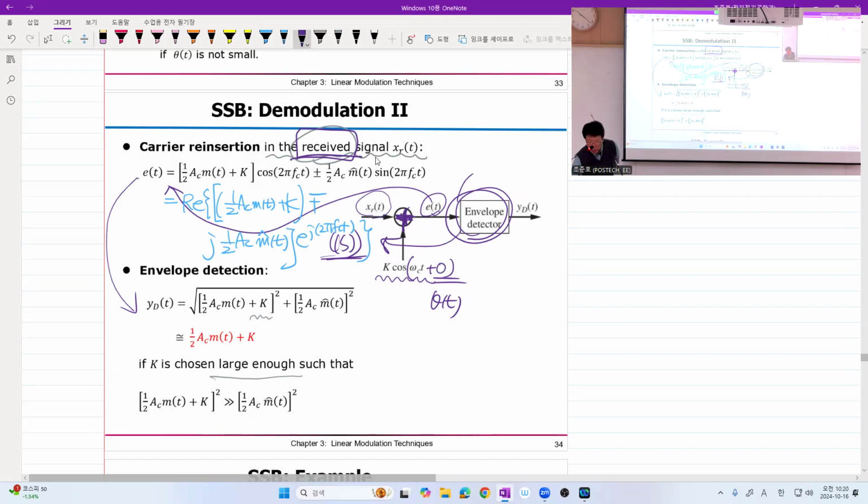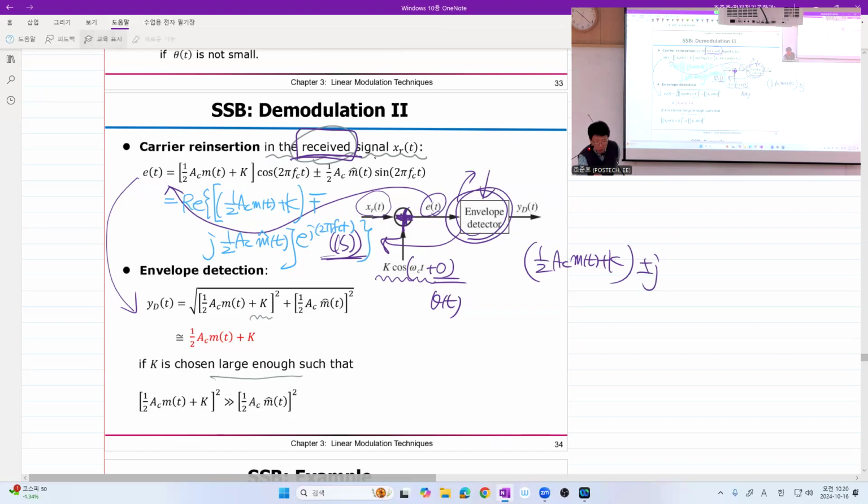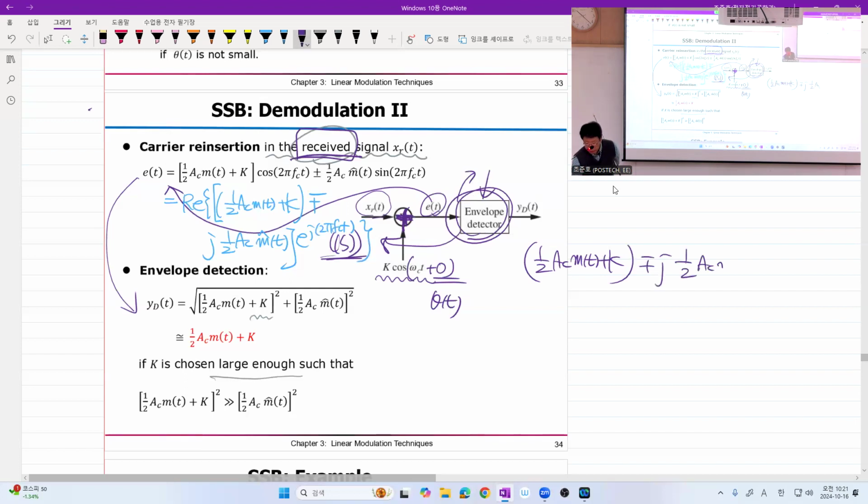So theoretically, it must first find the complex envelope, 1/2 AC m of t plus k plus j, minus plus j, one half AC m hat of t. Got it? So this is the complex envelope. Now, what is the envelope? The absolute valued version. That's why you have this one. Got it?